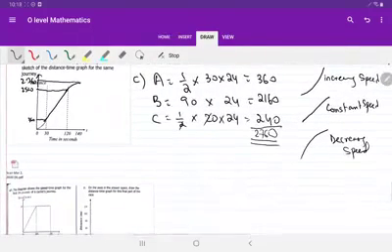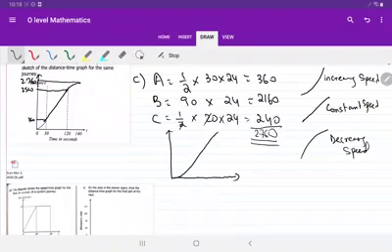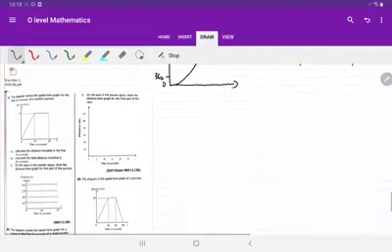So the graph drawn is something like this. This is 0, this is 360, this is 2520, and this is 2760. I hope this is clear.